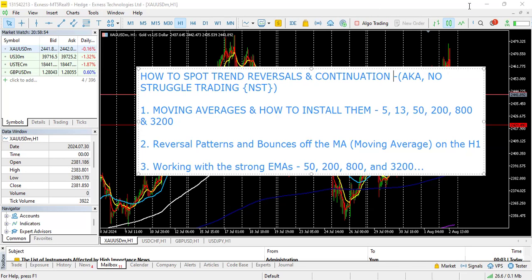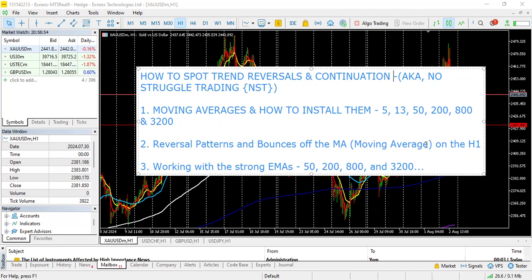It's free. Just Google it, download XNES MT5, install it. Then I'm going to show you how you install your EMAs, then how to use them to spot reversal patterns and bounces of the MA. Reversal patterns are majorly for trend reversals, and then bouncing off means trend continuations, right?